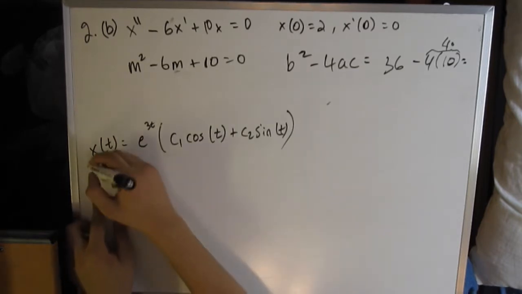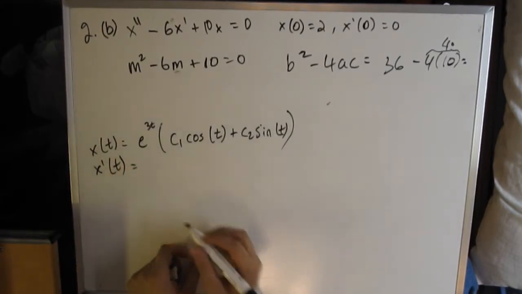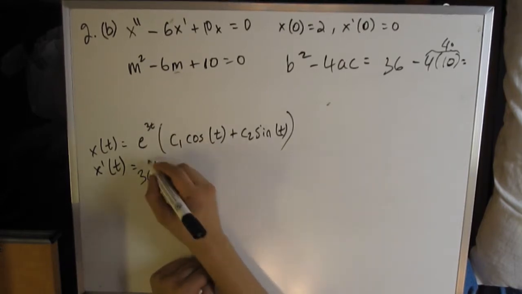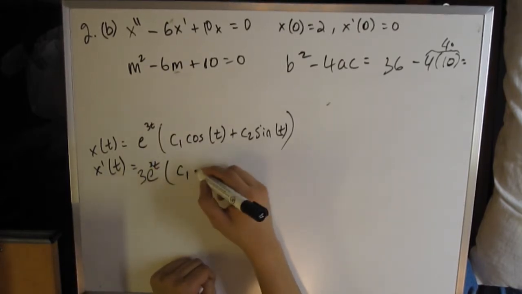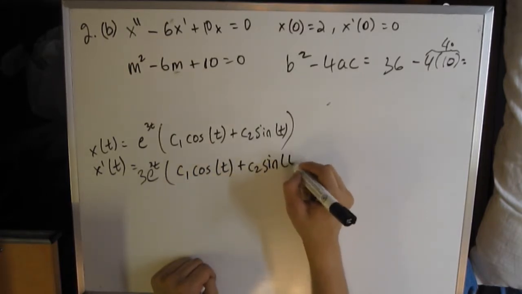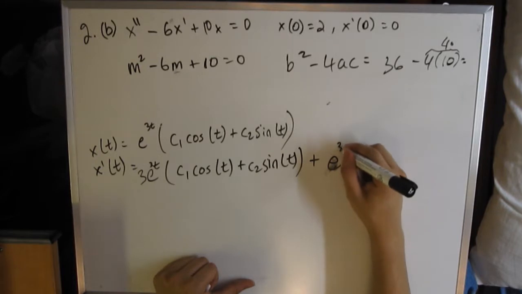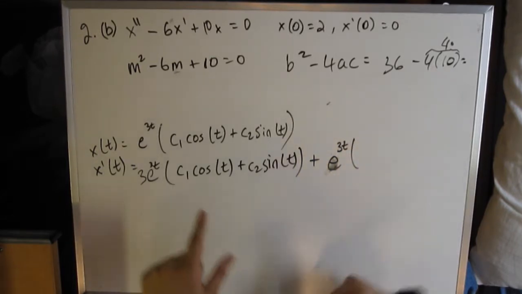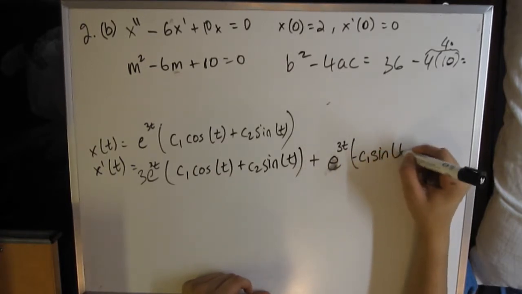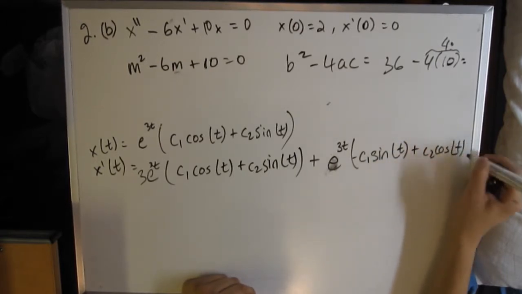And before we do that, we'll get the first derivative of x, which is going to be basically 3 e to the power of 3t, all multiplied by c1 cos t plus c2 sine t, plus e to the power of 3t multiplied by, now we're deriving the inside, so it's negative c1 sine t plus c2 cos t.